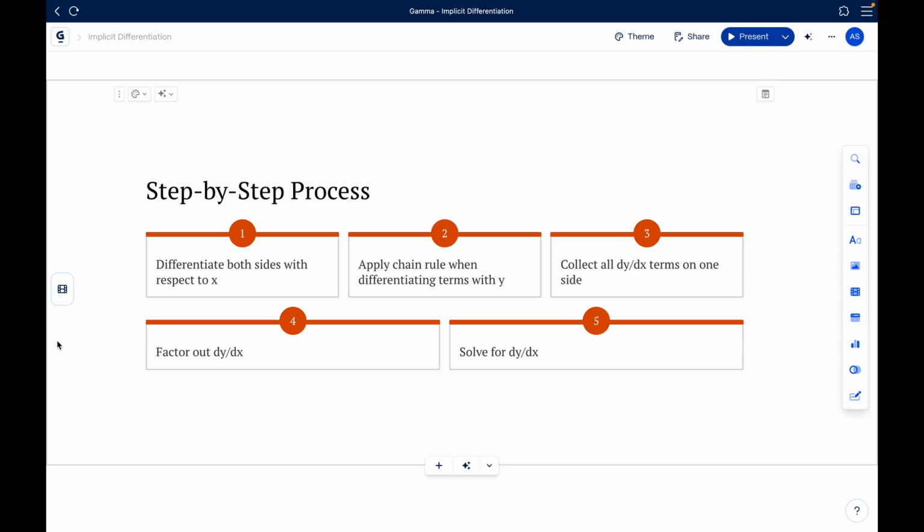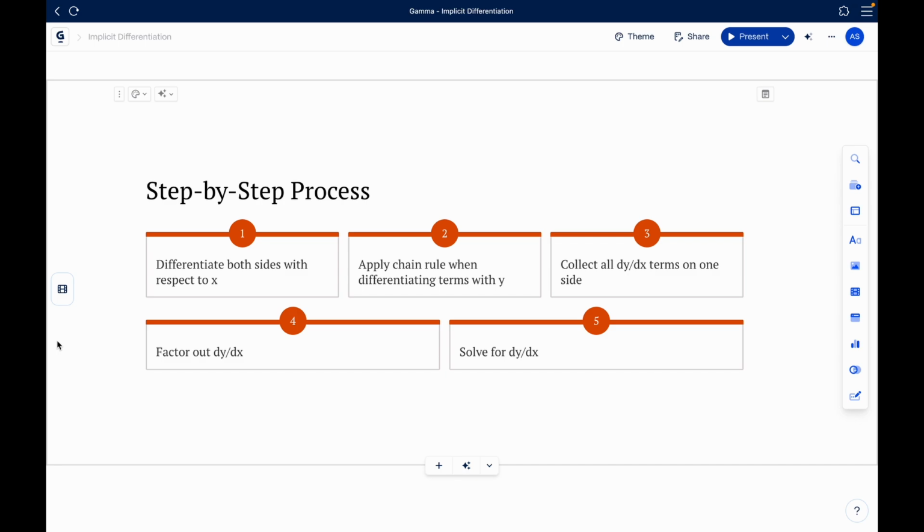Now, before we move on to the examples, let me show you a quick step-by-step process to figure out dy by dx from an implicit function. The first is to differentiate both sides with respect to x. The second is to apply the chain rule when differentiating terms with y, where we keep y as a function of x, so it'll be whatever the derivative of the outside function is. So if it was y squared, it would be 2y, then multiplied by the derivative of y with respect to x, or dy by dx.